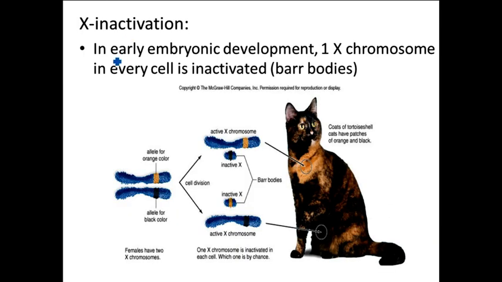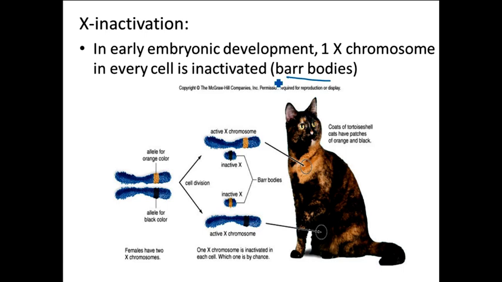So what is X inactivation? So X inactivation is what happens in early embryonic development, and by the way, this happens in humans as well. In every cell, 1 X chromosome is inactivated and it becomes something called a bar body. It's basically super packaged DNA that is no longer expressed. It's so packaged up, it just forms this little blob, and the genes on it are never read.